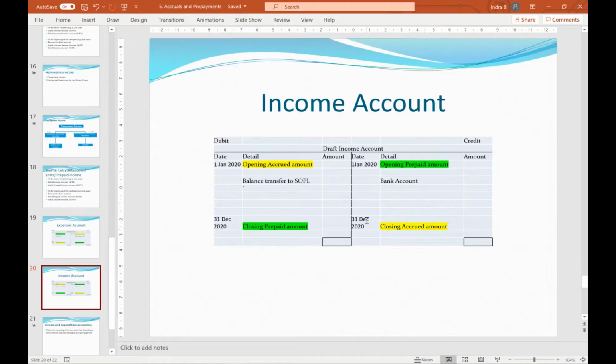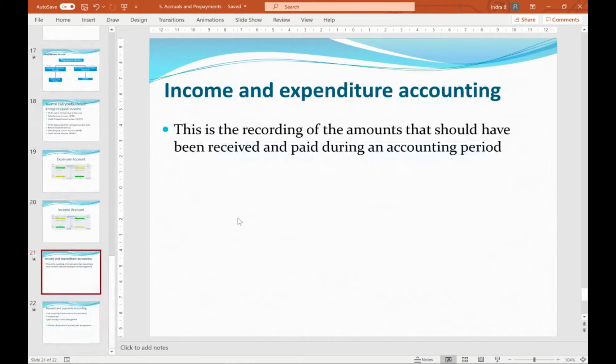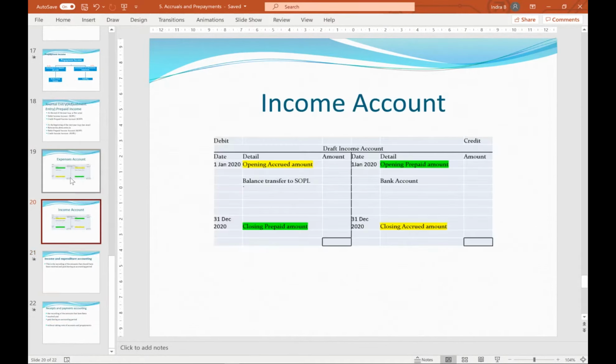Yeah, this is our income account. If we have prepaid income, then it is a liability because this money belongs to the next year or to someone else. But closing accrued income will be our asset because this amount was related to us. So these two tables you will have to remember, and you will see how quickly you will solve the questions.